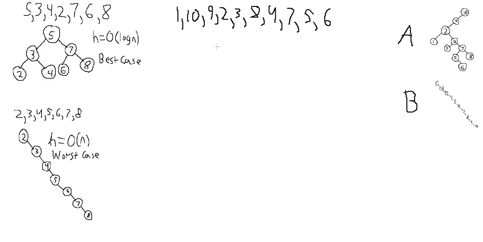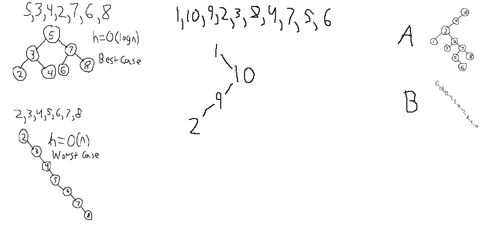First, we insert the 1. Then we're going to insert 10, which is greater than 1. Next, we insert 9. 9 is less than 10, but greater than 1. 2 is greater than 1, less than 10, less than 9.